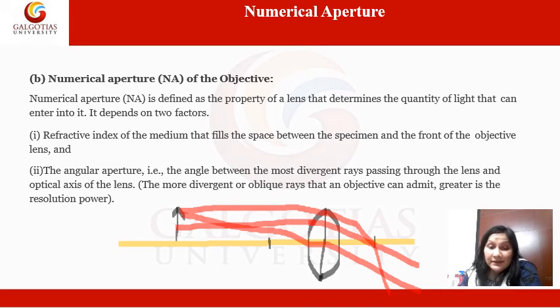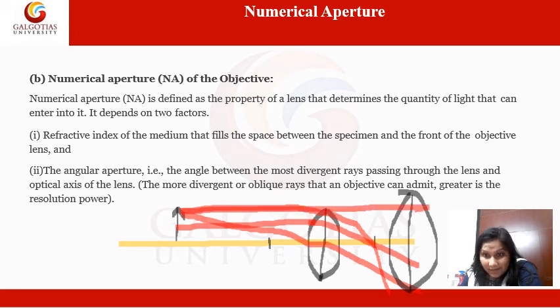What does it mean? Suppose we are using another lens which has an aperture more than this lens, then what will happen? This ray will reach over there and will be diverted from the focal length of this lens.